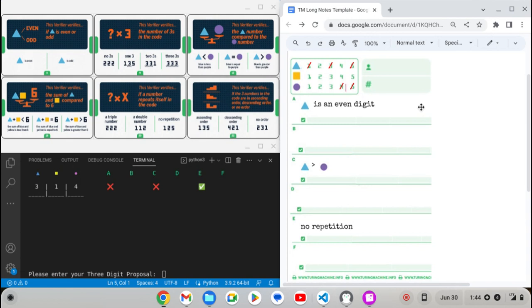And then if triangle were 4, I think there are just way too many possibilities. But we've got to narrow it down. So there is no 3.